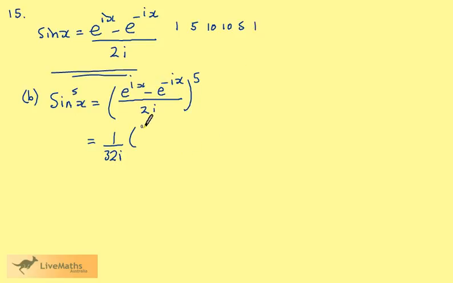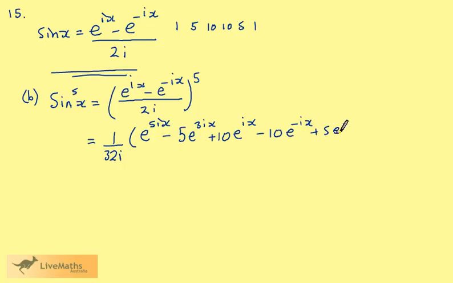So we get e to the 5ix, take away 5 lots of this one to the power 4 times this one to the power 1, so that's e to the 3ix, plus 10 lots, this one to the power 3, this one to the power 2, gives us e to the ix, take away 10 lots, this one to the power 2, this one to the power 3, is e to the negative ix, and so on.